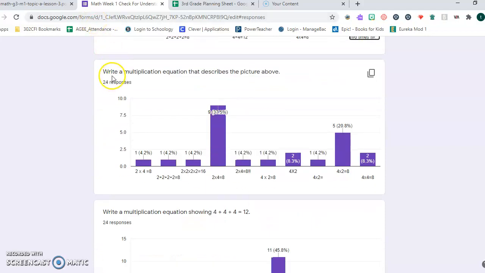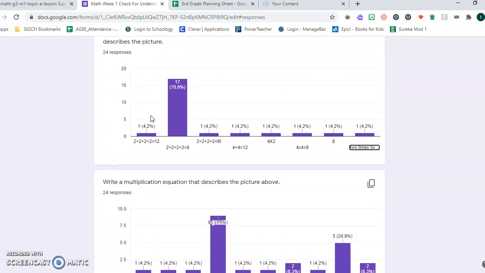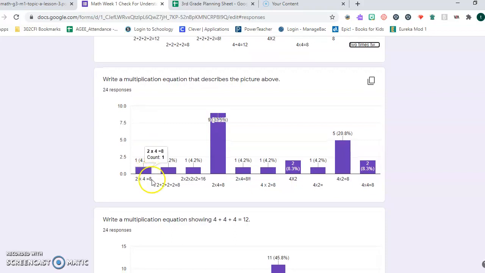So in the second item, we've got: write a multiplication equation that describes the picture above. We had four groups of 2, so it would be 4 times 2 equals 8. It says multiplication equation, and in the lesson work last week, we discussed how an equation has an equal sign with numbers on both sides.